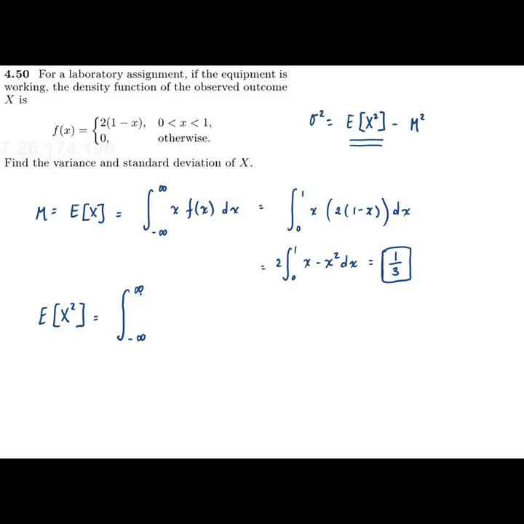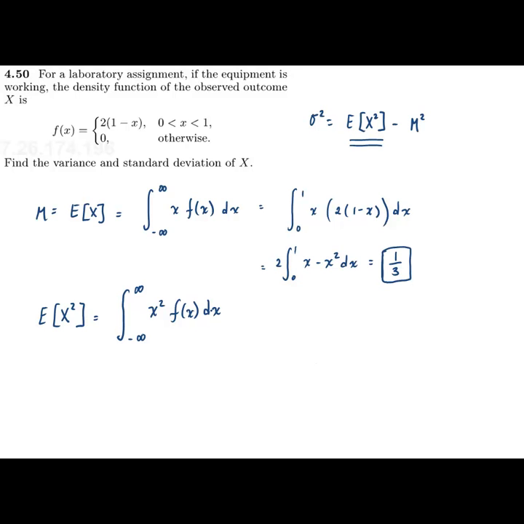So what will be the expression for that integration? Correct. So it is x squared times f of x. Okay, so look at the first expression. It's just for 1x. So you multiply f of x times x.